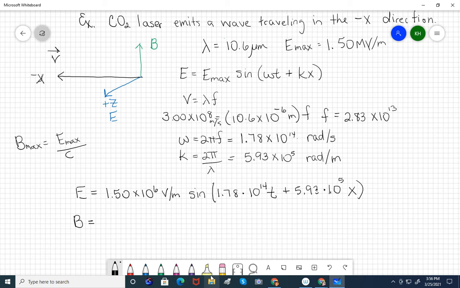And I get a pretty simple answer. I can write it in scientific notation, or I can write it out either way. It's 5 times 10 to the negative 3 tesla. And then sine. The rest of this is identical: 1.78 times 10 to the 14th t plus 5.93 times 10 to the 5th x.